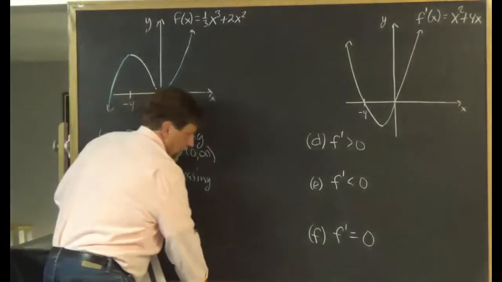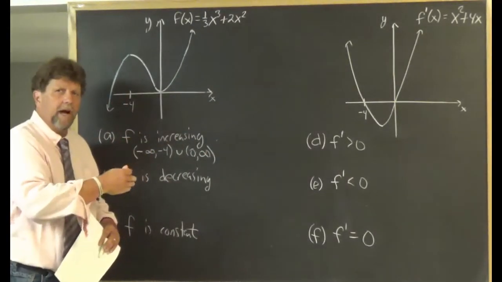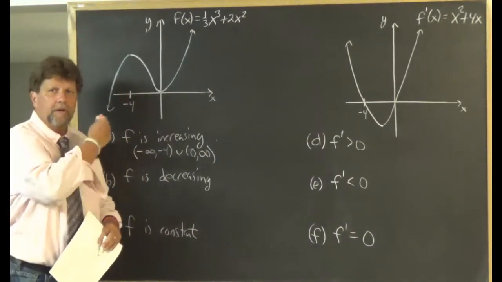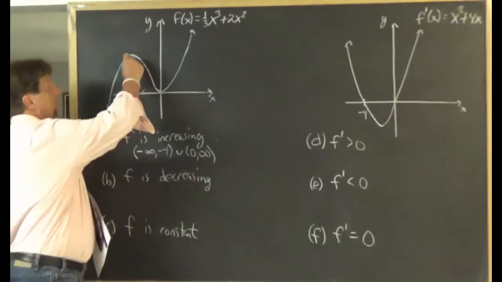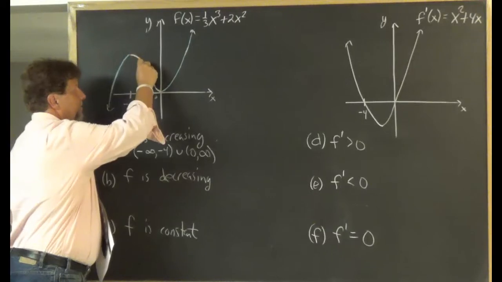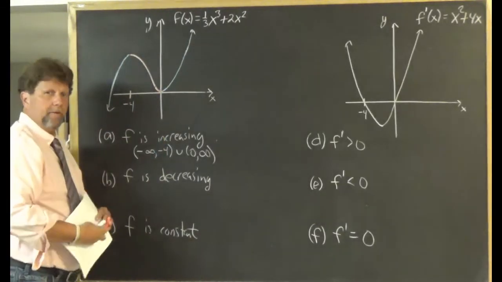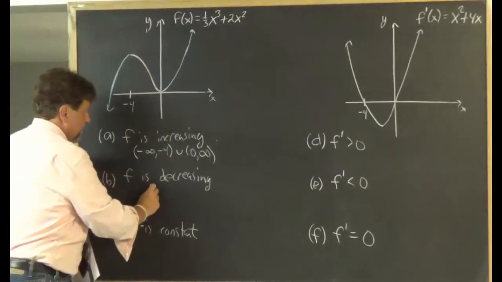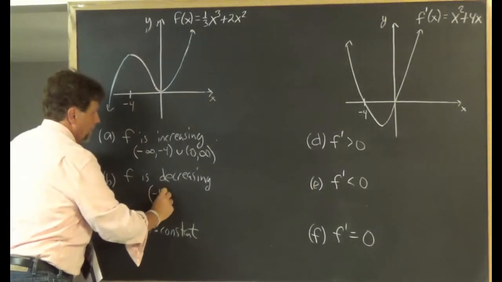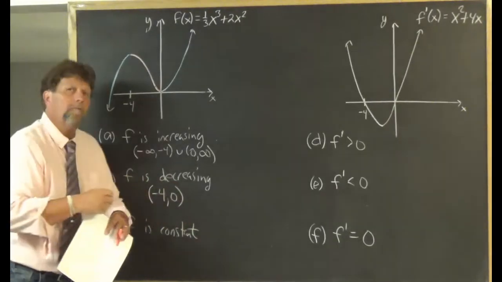Part B, where is it decreasing? As you read from left to right, decreasing matches up with where it is going down. It looks like it is decreasing from an x value of -4 to an x value of 0. So it's decreasing on the interval -4 to 0. Notice these are open intervals.